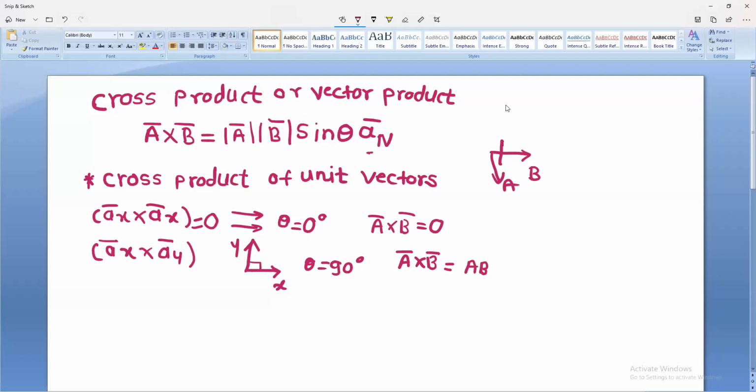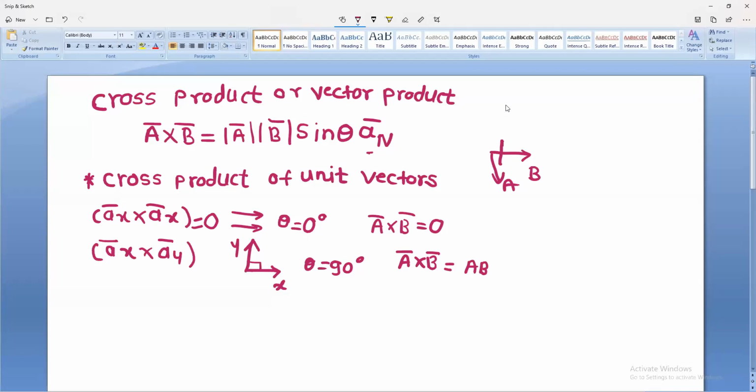So multiply by 1, that is nothing but AB, means there is only magnitude of the vectors. Okay, so if we consider this A bar cross B bar, then there will be only magnitude.